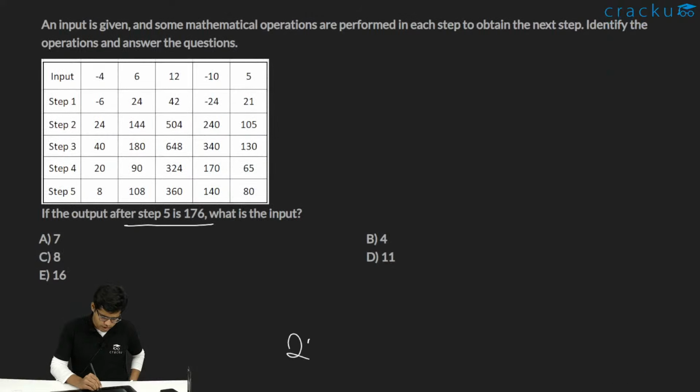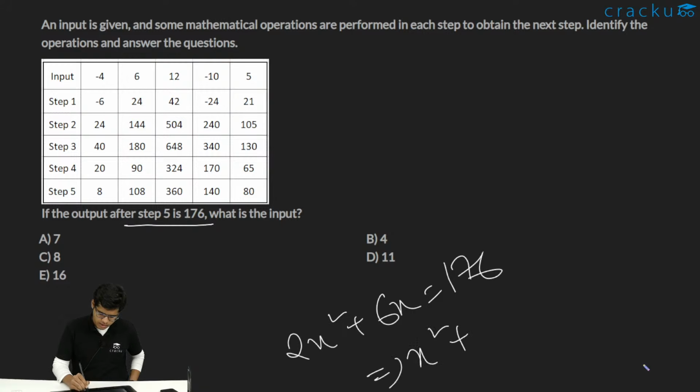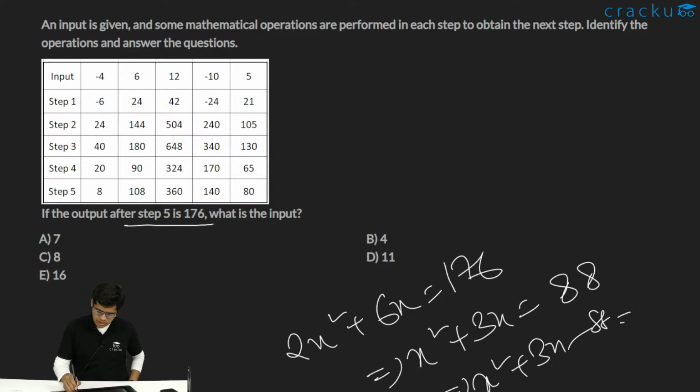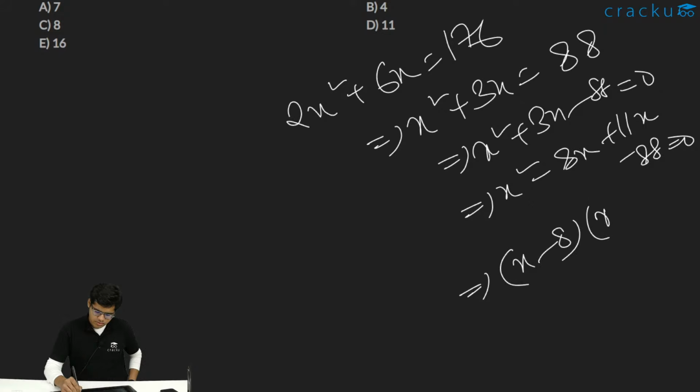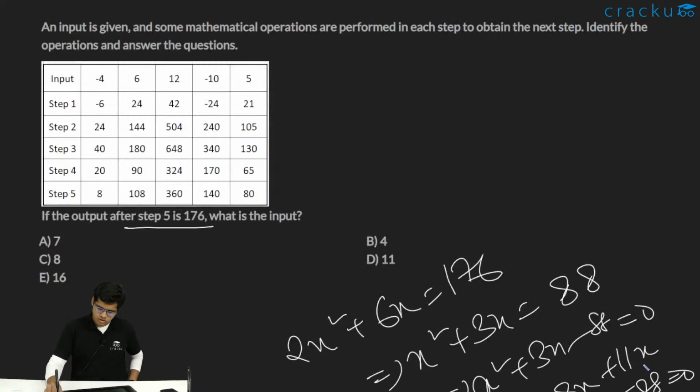So 2x square plus 6x is 176, or x square plus 3x is 88, or x square plus 3x minus 88 equals 0, or x square minus 8x plus 11x minus 88 equals 0, or (x minus 8) into (x plus 11) equals 0, or x equals 8. So the input is 8. So the correct answer is option C, 8. I hope it is clear, guys.